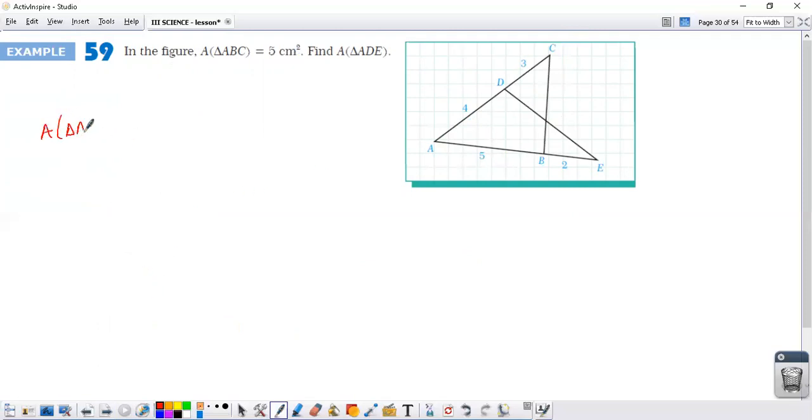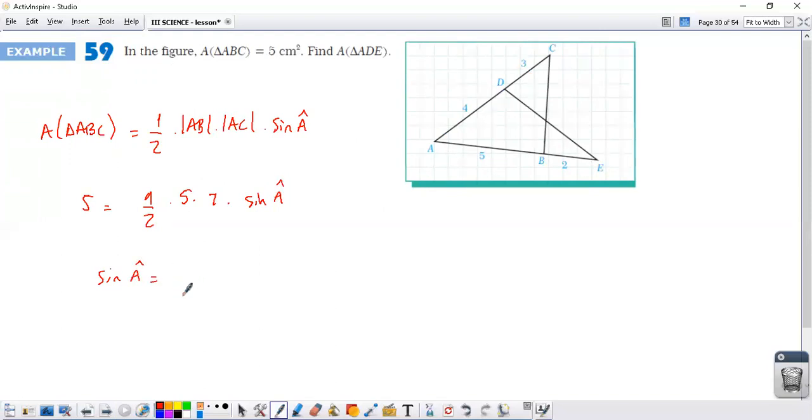The area of triangle ABC, by taking AB and AC and the acute angle, which is A, is given as 5. So 1 over 2 times side AB, which is 5, and side AC, which is 7, and sine A. So the value of sine A will be 2 over 7.